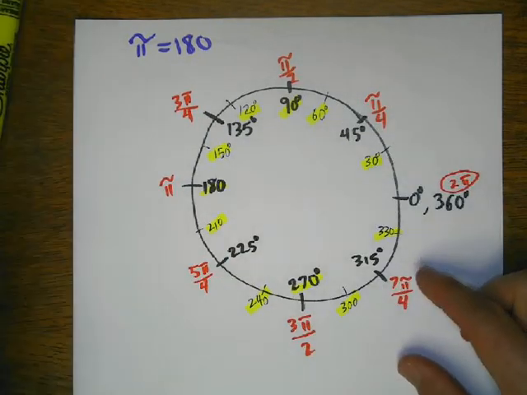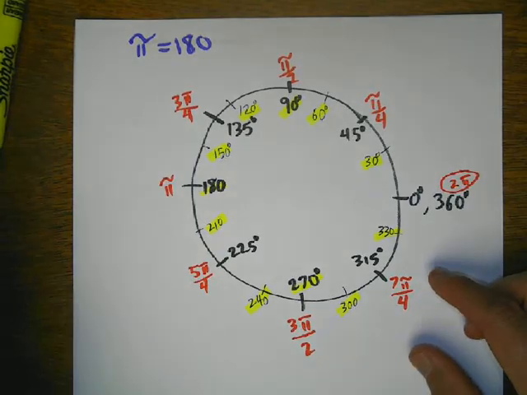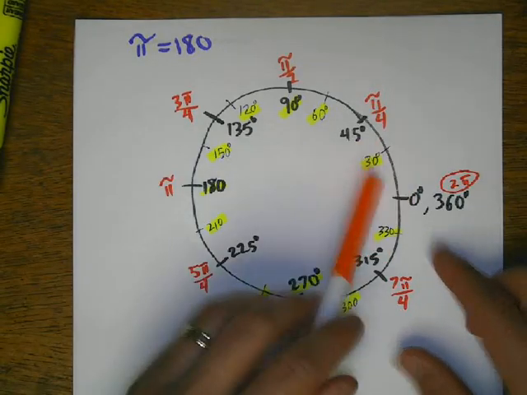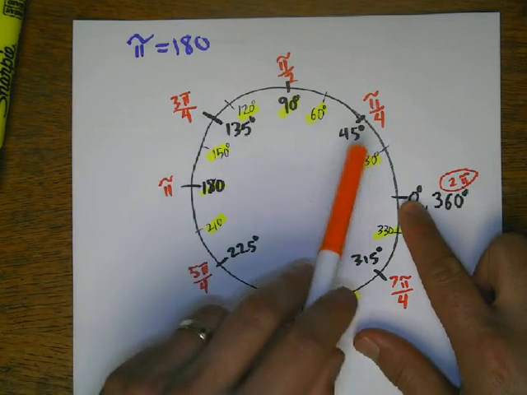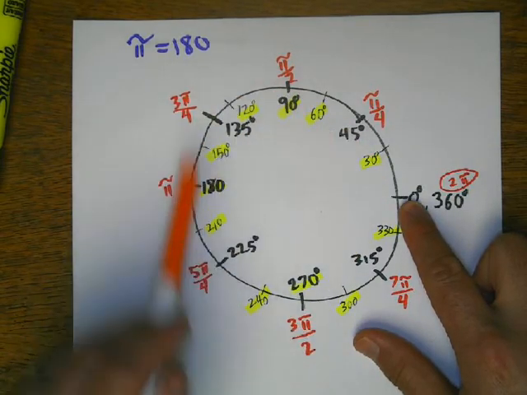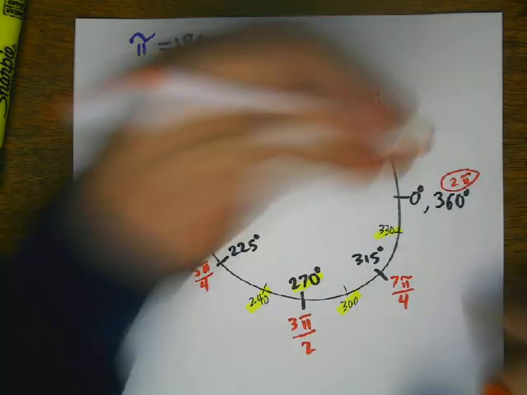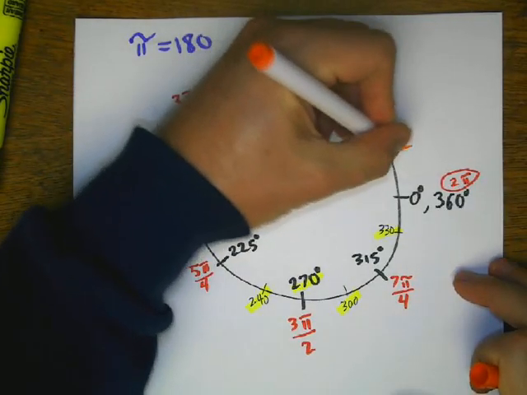So now let's convert all of those to radians. To go from here to here is pi, right? But how many yellow spots do we have? 1, 2, 3, 4, 5, 6. So this is really 1/6 pi over 6.